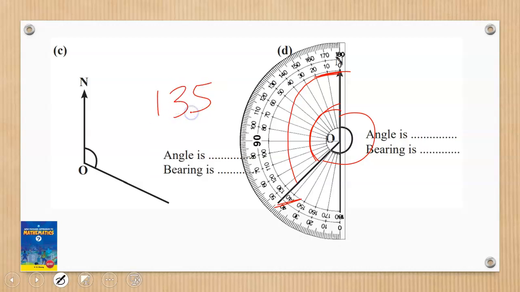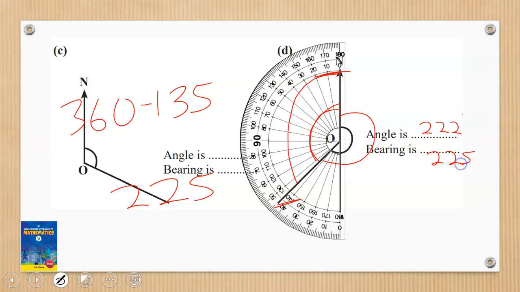Now with the 135, when we take it from 360, we'll get the value 225. So our angle here will be 225, and our bearing also will be 225. So that becomes the bearing.